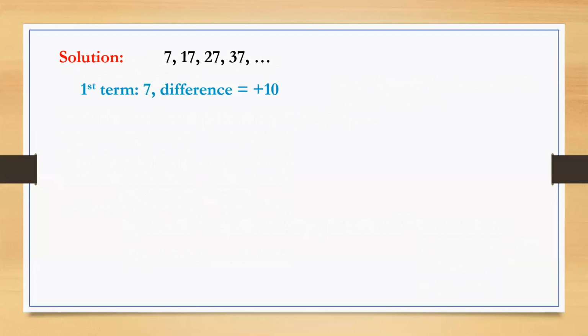So the difference here is plus 10 and the first term is 7. So the 9th term will be, we always keep the first term here, plus the difference times 1 less than the term. So the 9th term, I have 8 here. So it will be 7 plus 10 times 8, which gives me 87.